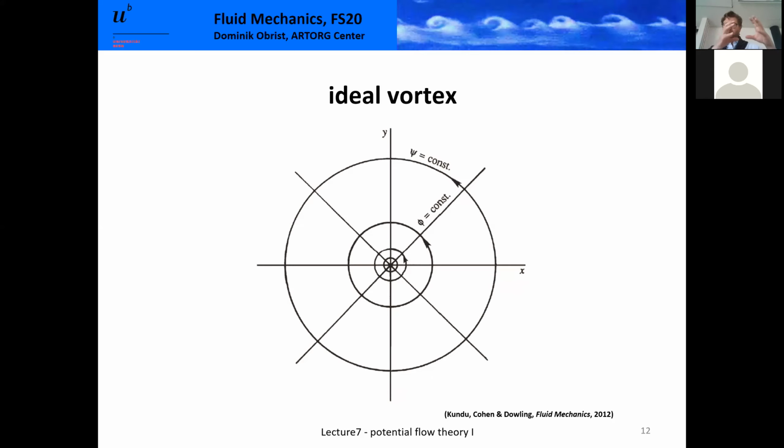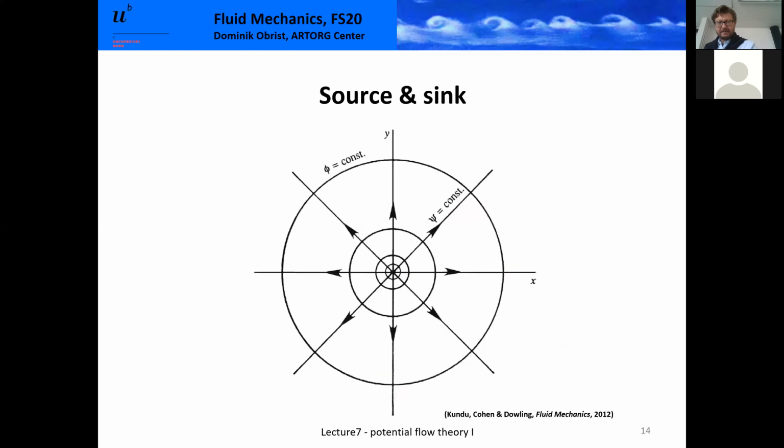If we take the stream function and make a potential out of it, and take the potential and make a stream function out of it. Geometrically speaking, that means the equipotential lines become streamlines, and the streamlines become equipotential lines. And that's then the source or the sink, right?